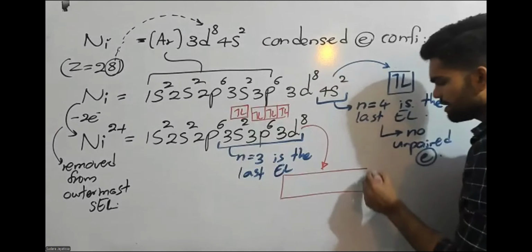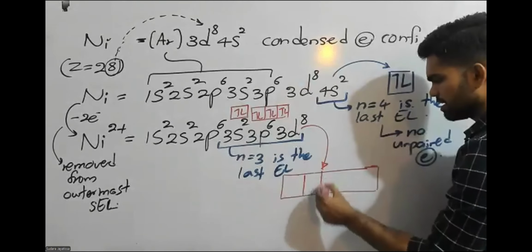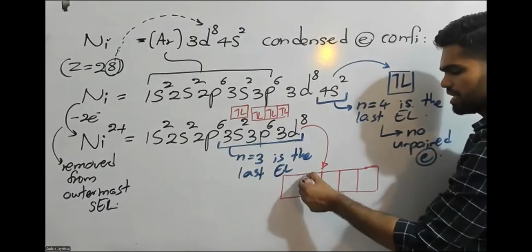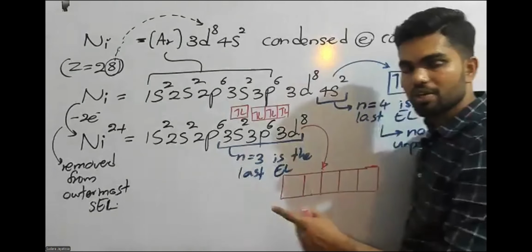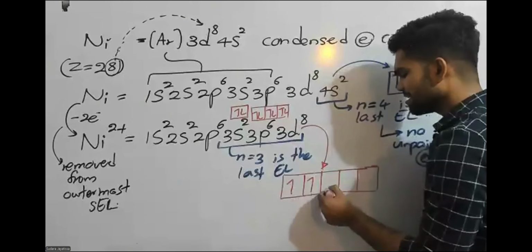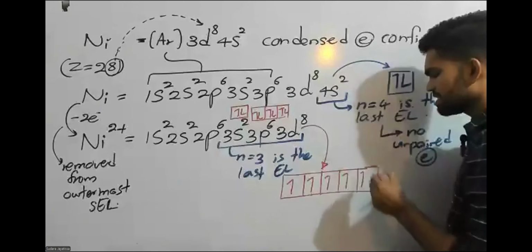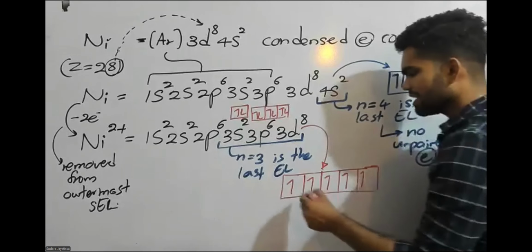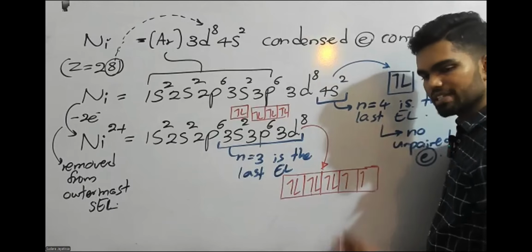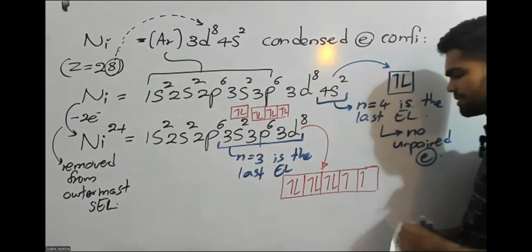There are 5 d orbitals. If you are asked to fill 8 electrons, according to Hund's rule, first of all, electrons are filled singly in a way that their spins are parallel. Then they will be paired like this. Understood? That's how we should show 8 electrons.